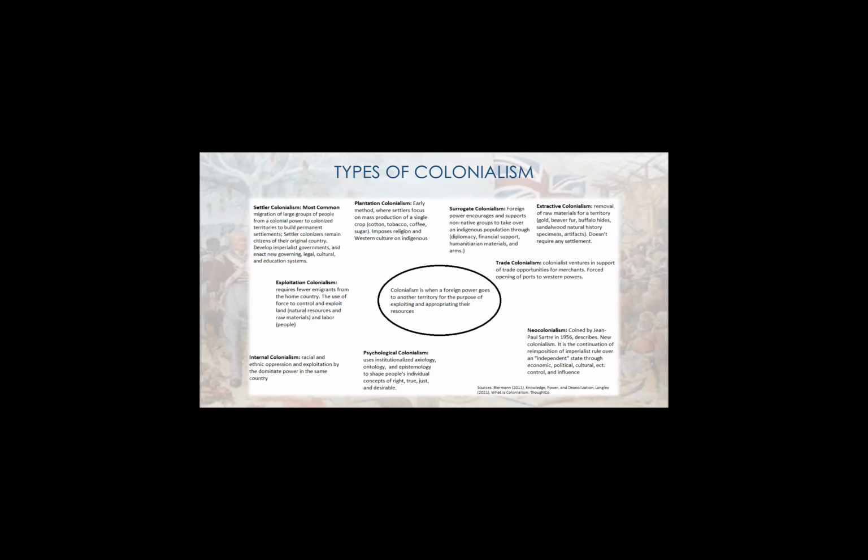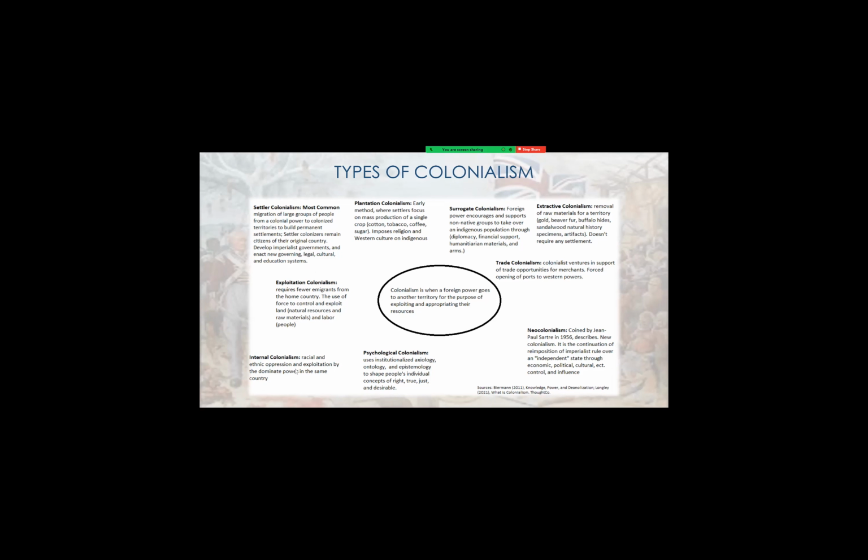That brings me to exploitation colonialism, which requires fewer migrants from the home country and the use of force or control to exploit the land. So it's using the people, by force, to exploit the land, its natural resources, its raw material, and the labor of the people. Internal colonialism is a very, very commonly practiced, understood colonialism here in the United States.